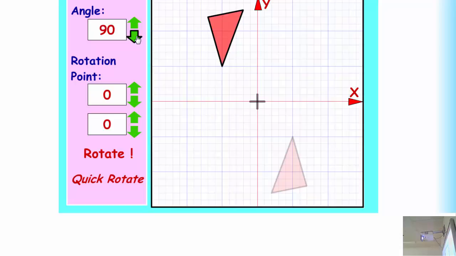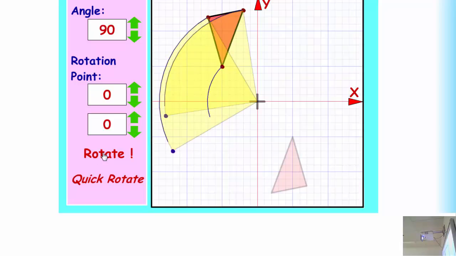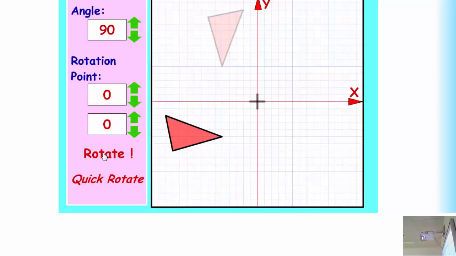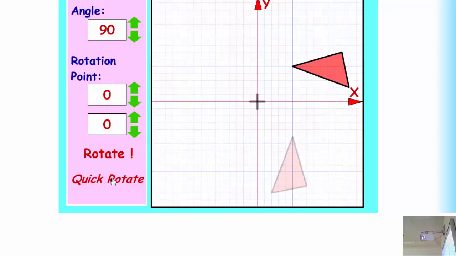So let's rotate slowly, 90 degrees only. It goes to the next quarter. Let's rotate quickly. It's going to go to the next quarter, then the next quarter, and then the quarter where it all began from.